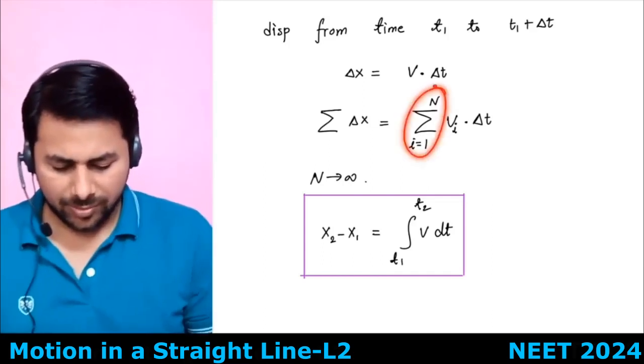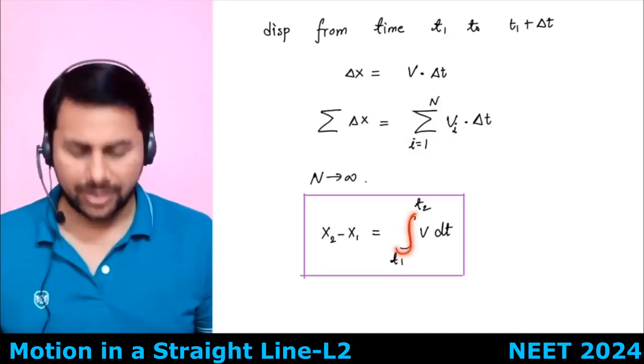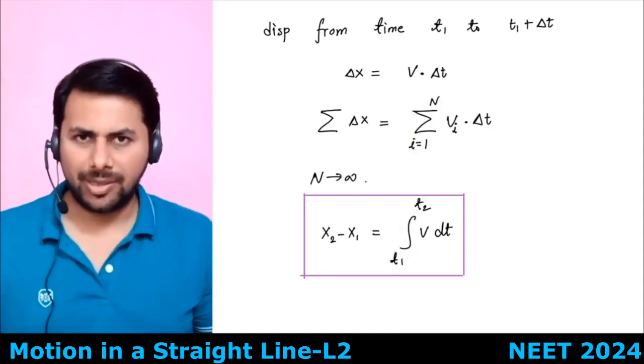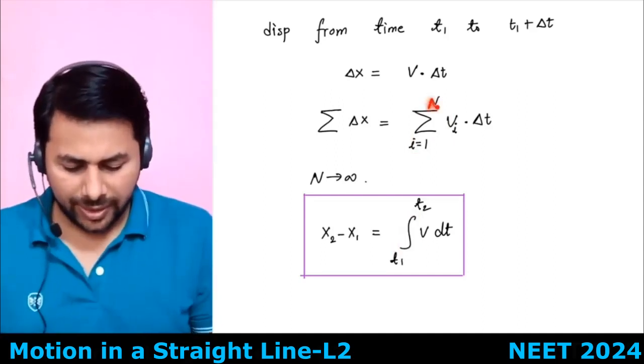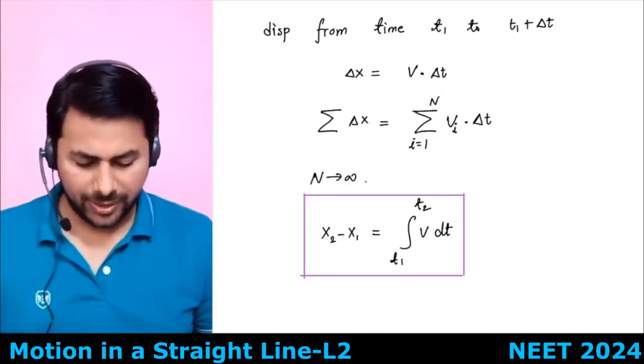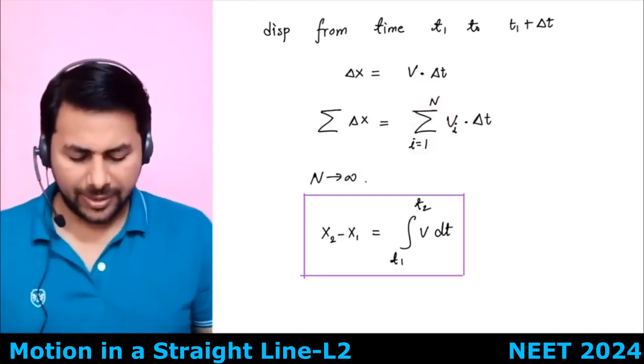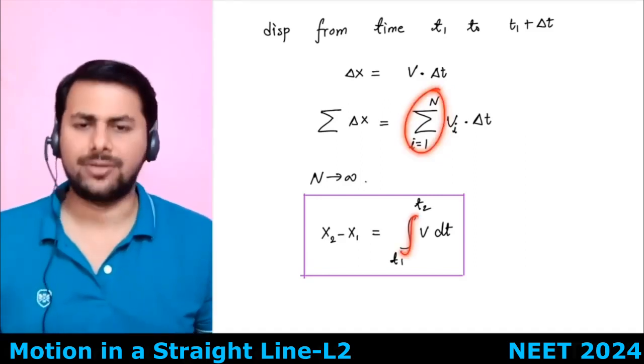So now this summation will change to an integration. Actually we are doing a summation, but n tends to infinity. If the number of intervals becomes infinite, then summation becomes integration.